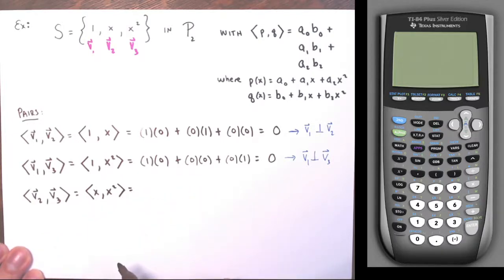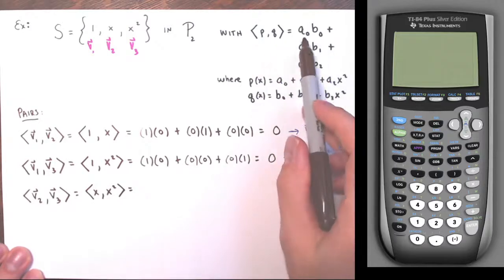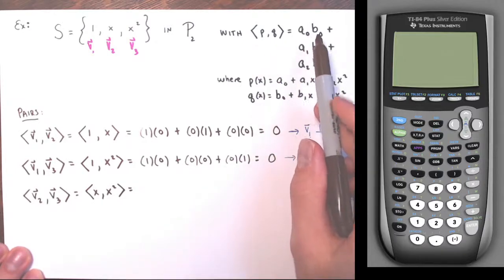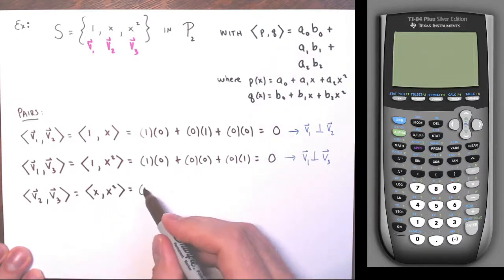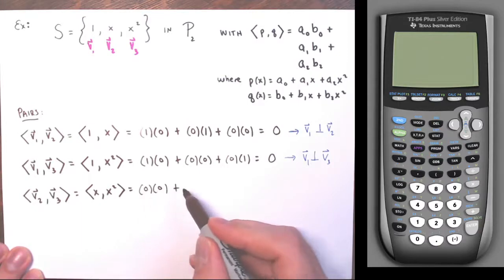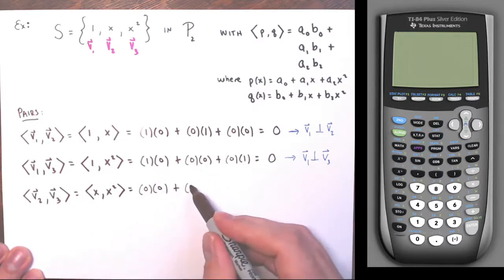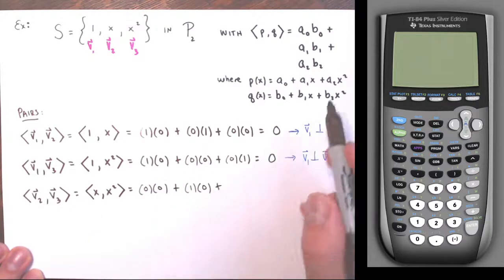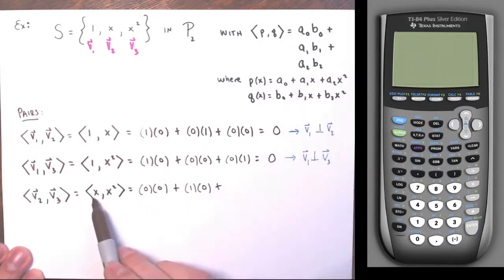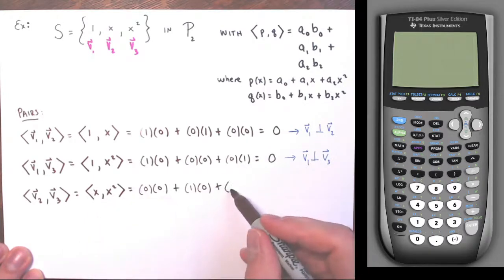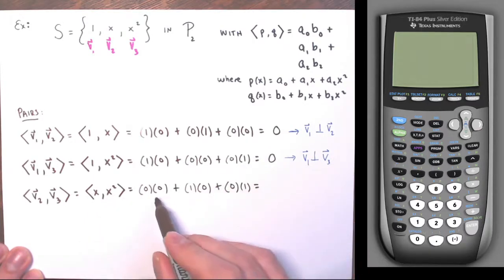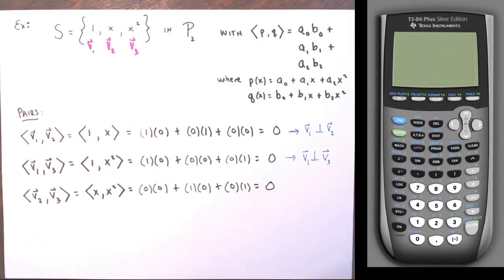The way the inner product is defined is the product of the constants, and both of them have a constant of 0, so 0 times 0, plus the product of the coefficients of x, 1x and no x, so 1 times 0, plus the product of the coefficients of x squared. There's no x squared in the first, and 1 x squared in the second, so 0 times 1. And again, I'm getting 0 plus 0 plus 0. Fantastic.